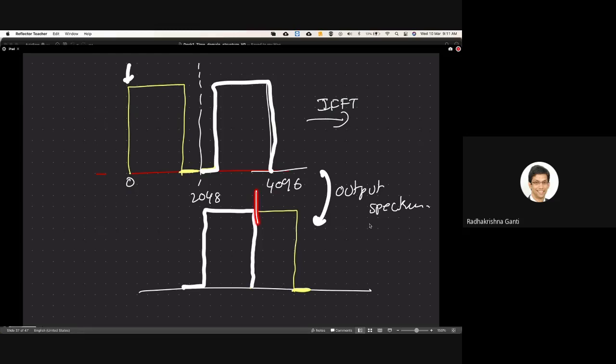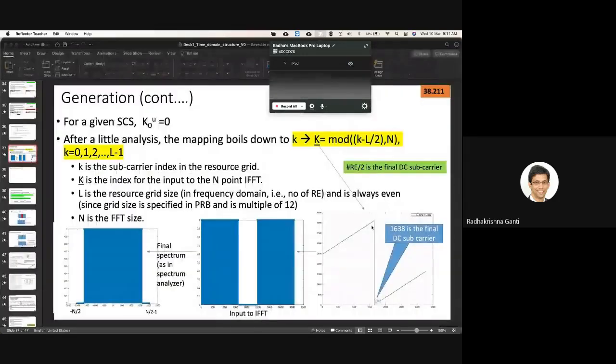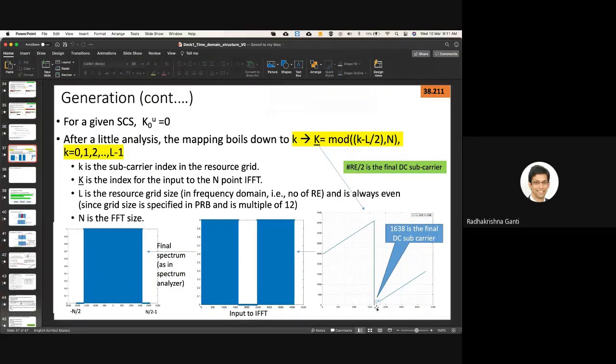What you should remember is that in this particular thing, the zeroth subcarrier will become the DC subcarrier, finally the center frequency. So if you think about it, the zeroth is mapped to what element in the actual grid? This 0 is nothing but the 1638 element in this grid.